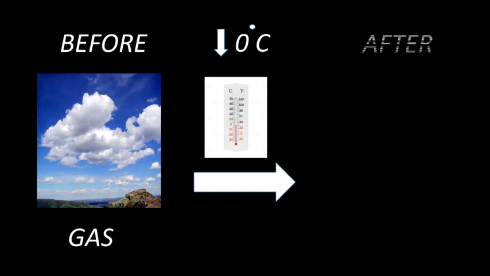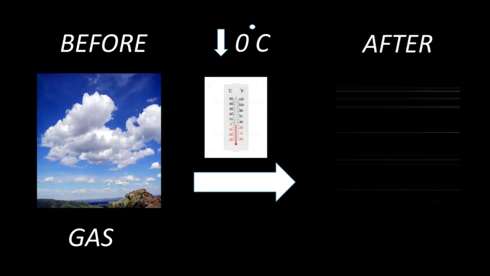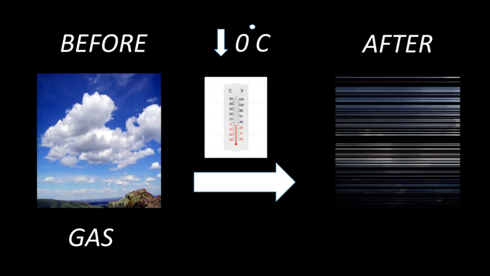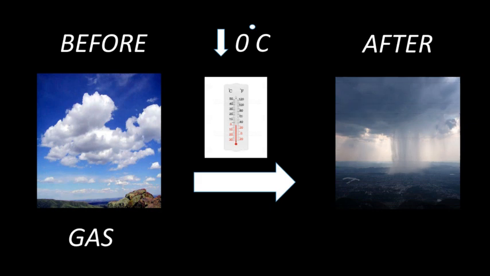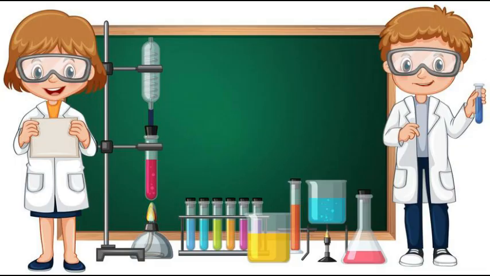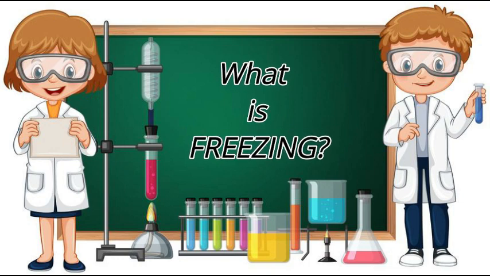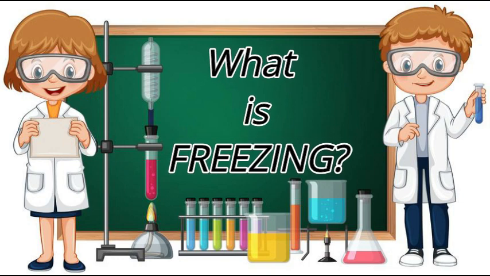And because of this exposure to temperature, gas starts to change into liquid. And this will become the rain, or what we call precipitation. And this process is what we call condensation.